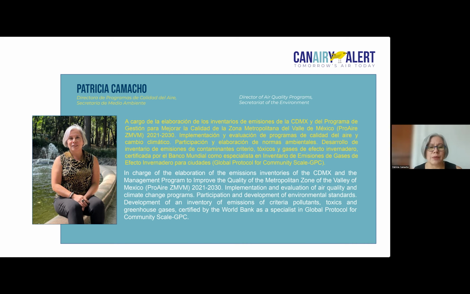Another big advantage of having integrated inventories is that the assessments can be done in a coordinated way. You can see the benefit of both air quality and climate change. For the first time, we are including climate change in the report of air quality, and we're documenting how climate change has an impact on air quality, plus there being a carbon penalty.